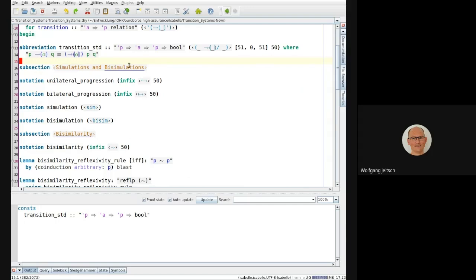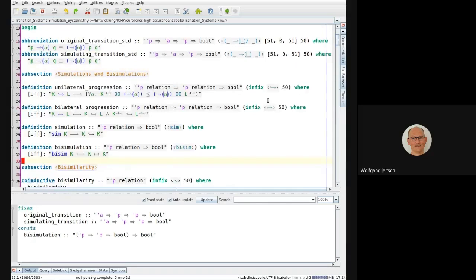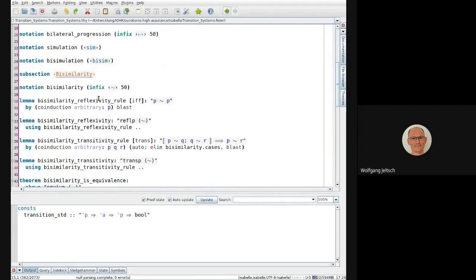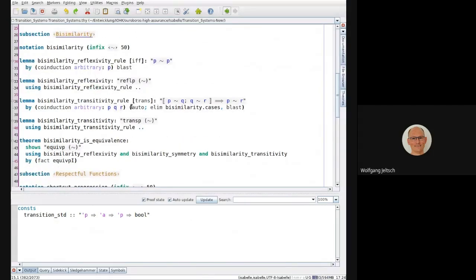So for the subsection simulations and bisimulations, which corresponds to this subsection here, it's the same structure, you basically only have the notations. Everything else is inherited. For bisimilarity, you also have this notation thing, but you have a bit more.